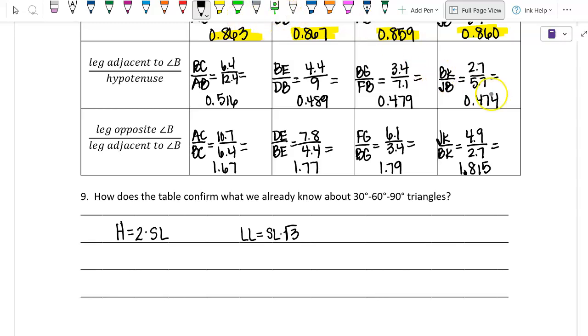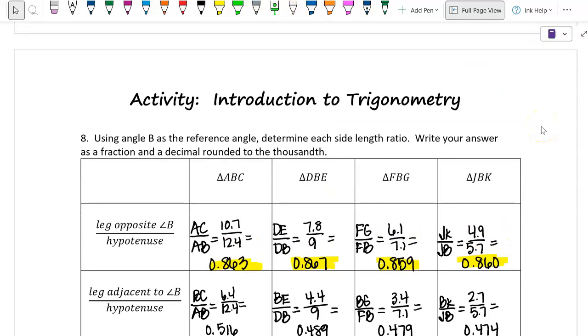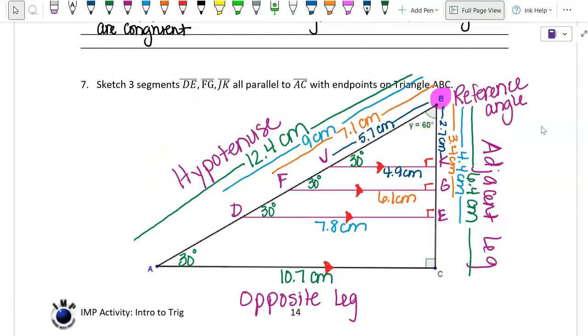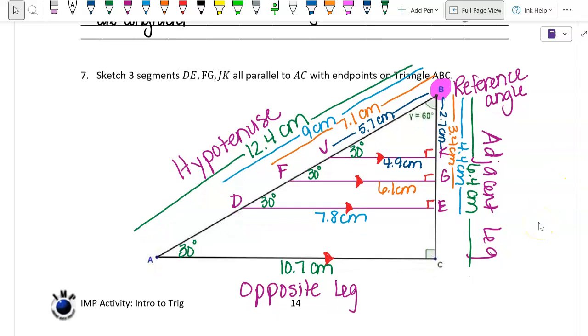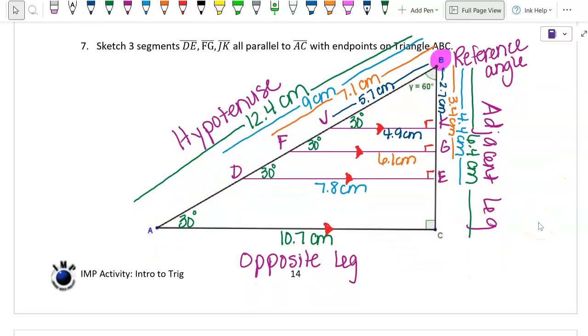Well, if we go back, I'm going to scroll back up just for a moment here to the triangle we were working on. Remember, we had our 30, 60, 90 triangles. We created 3 more triangles within the big triangle. And we yesterday talked about opposite leg and adjacent leg from the reference angle. But we also, with 30, 60, 90, have other names for those.